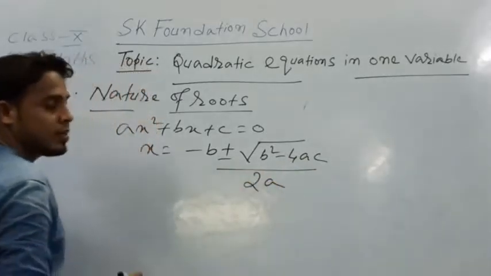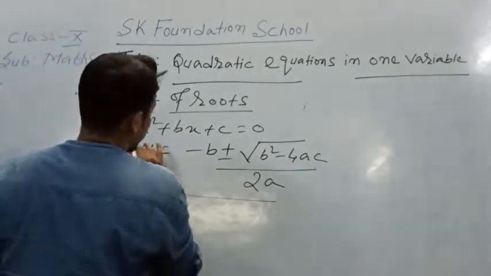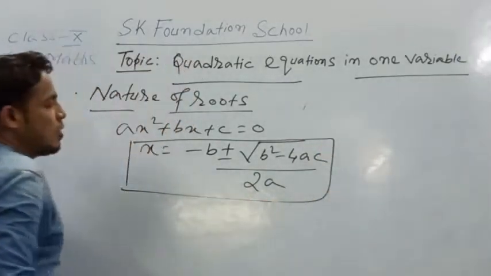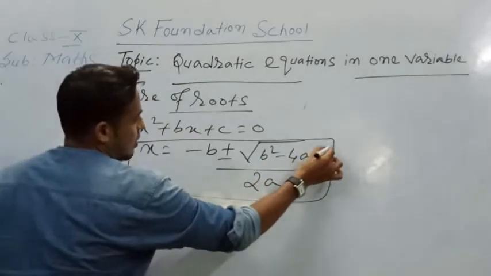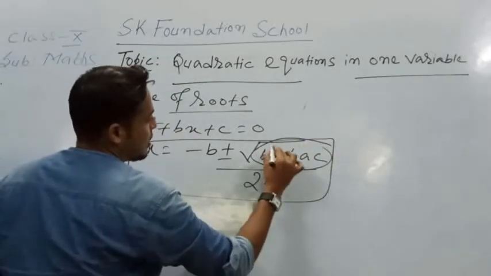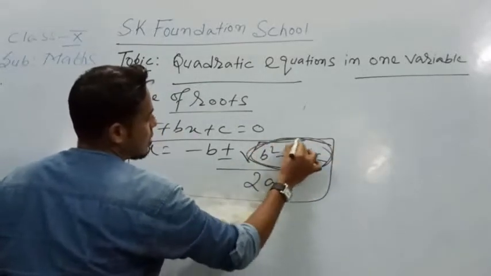Look here, only this part, b square minus 4ac.